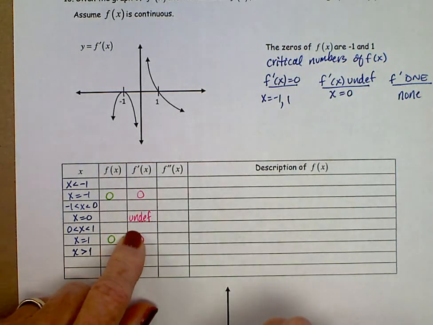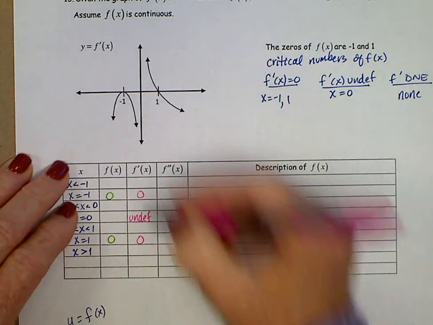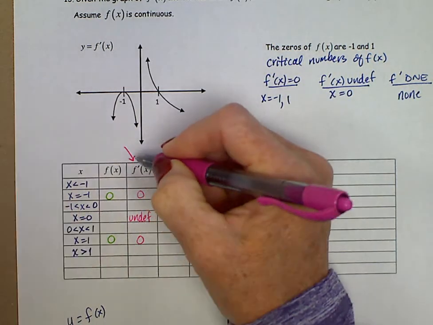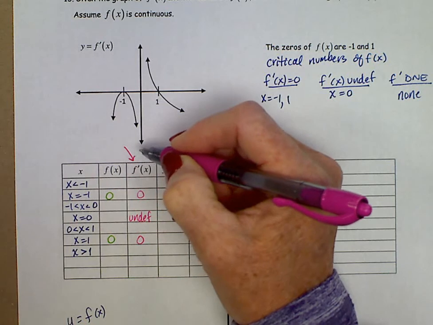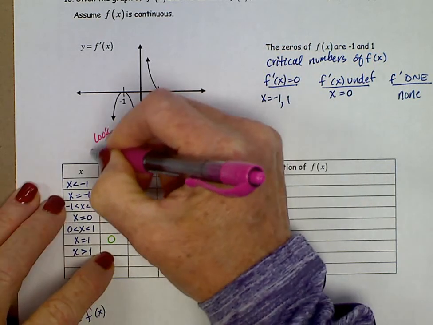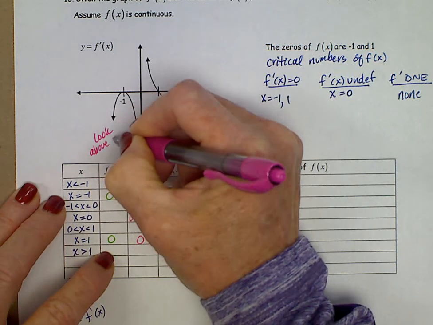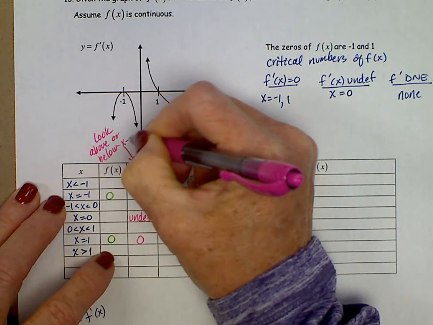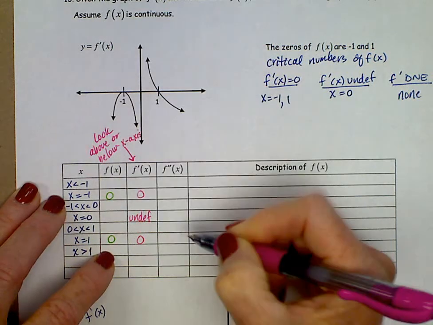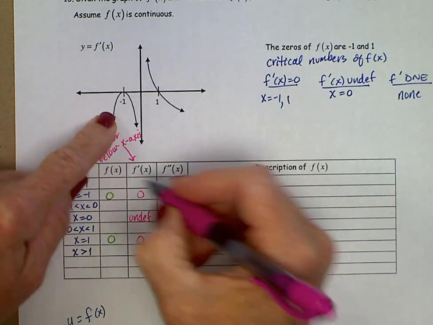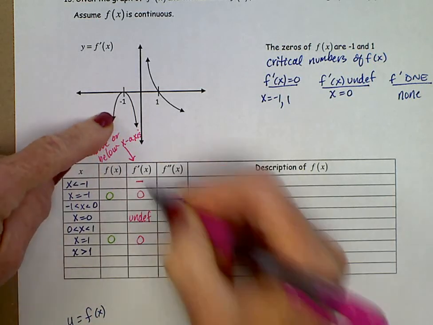All right, now, because this is the f prime graph, when we fill in this column, we will be looking for places above or beneath the x-axis. And when x is less than -1, the graph of f prime is below the x-axis, so f prime is negative.